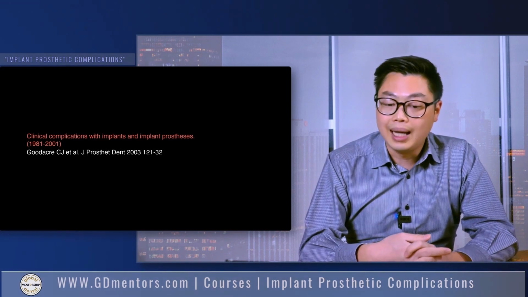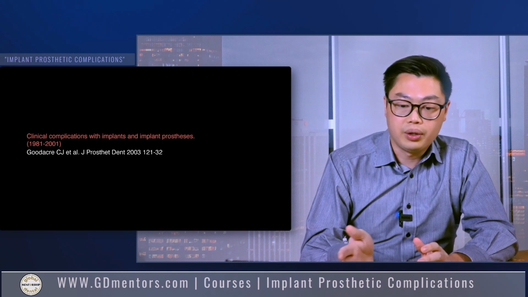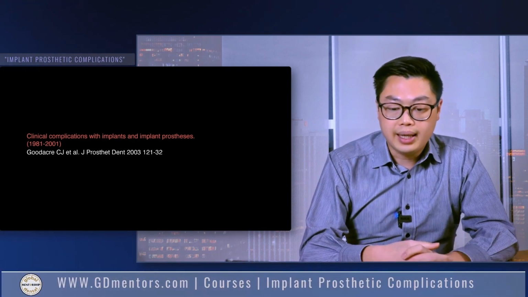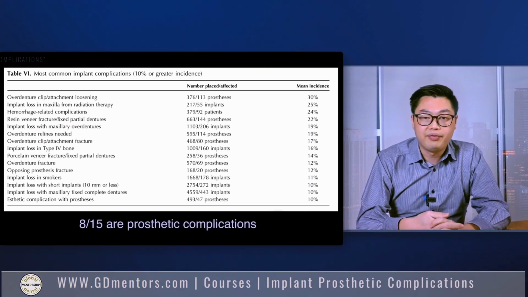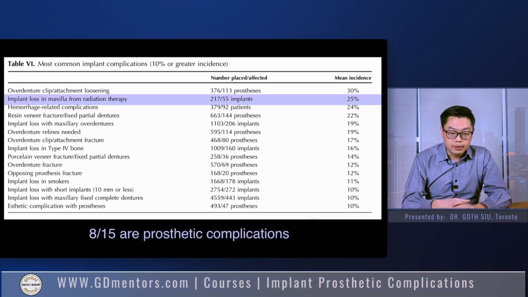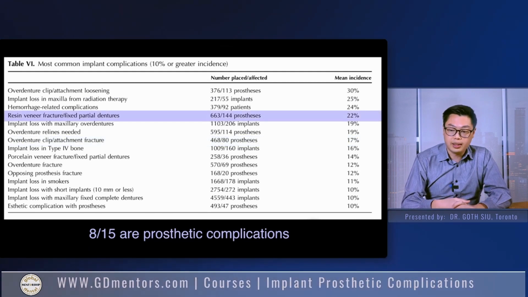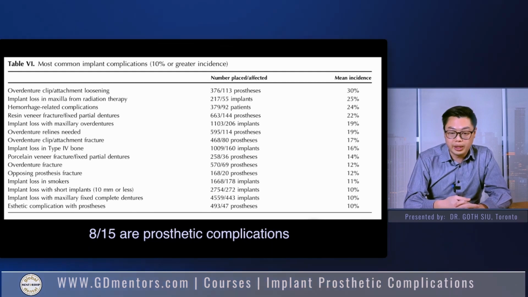Later on, they came out with another review that captured all the articles from 2001 onwards. In that article, they listed the complications they saw, and 8 out of the 15 complications reported were prosthetic in nature, ranging from implant loss, overdenture fractures, resin veneer fractures, and so forth. So 8 out of 15 were prosthetic, and the rest were surgical complications.